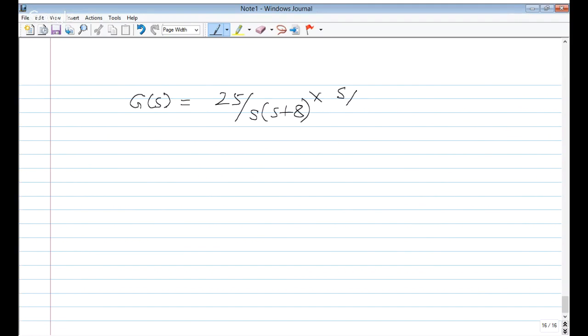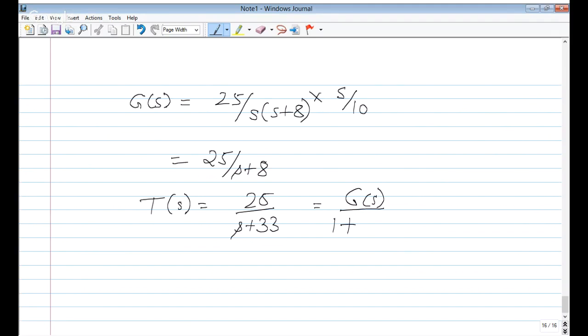Now when you take a derivative factor that is into s by 10, it will become 25 upon s plus 8. So what will be the transfer function overall? It will be 25 upon s plus 33. What I have done is G(s) over 1 plus G(s).